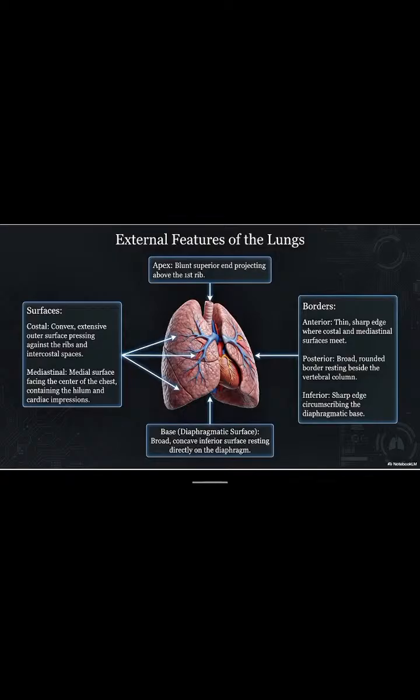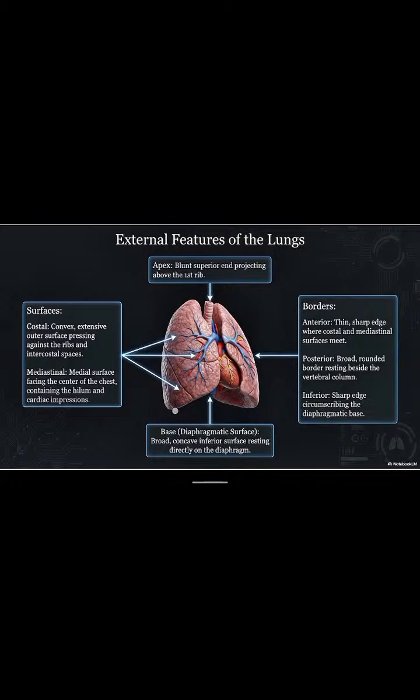The posterior border is a broad, rounded border resting beside the vertebral column. You know, we have 12 thoracic vertebrae.